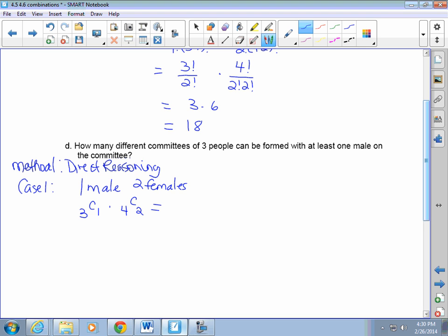And that's what I had up there, so that would be 18. Case 2 is if I have 2 males and 1 female. So then that would be 3 choose 2 times 4 choose 1.